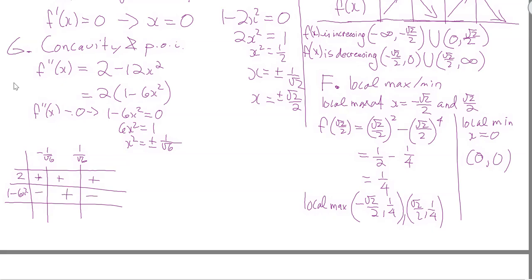Negative, negative, positive. So f double prime of x is negative, positive, negative: CD, CU, CD, with points of inflection at both.